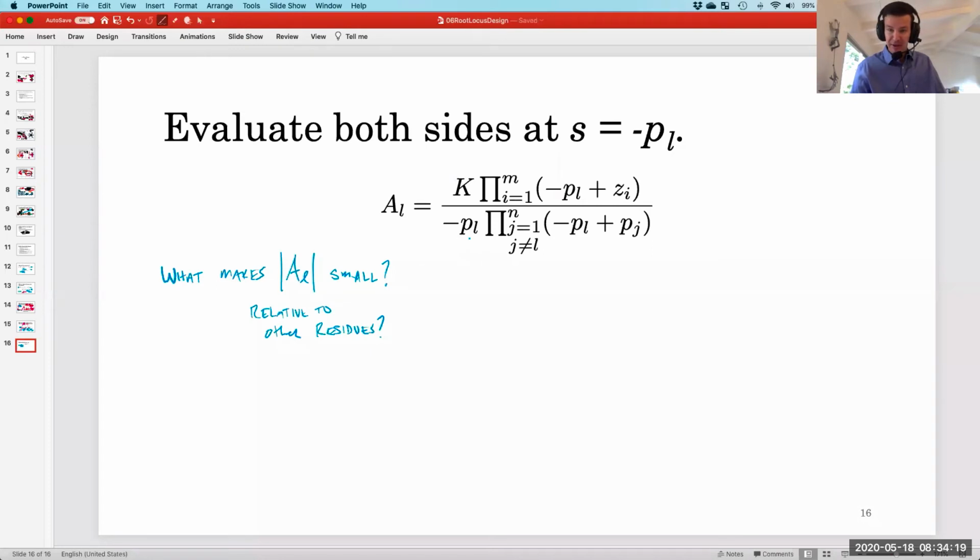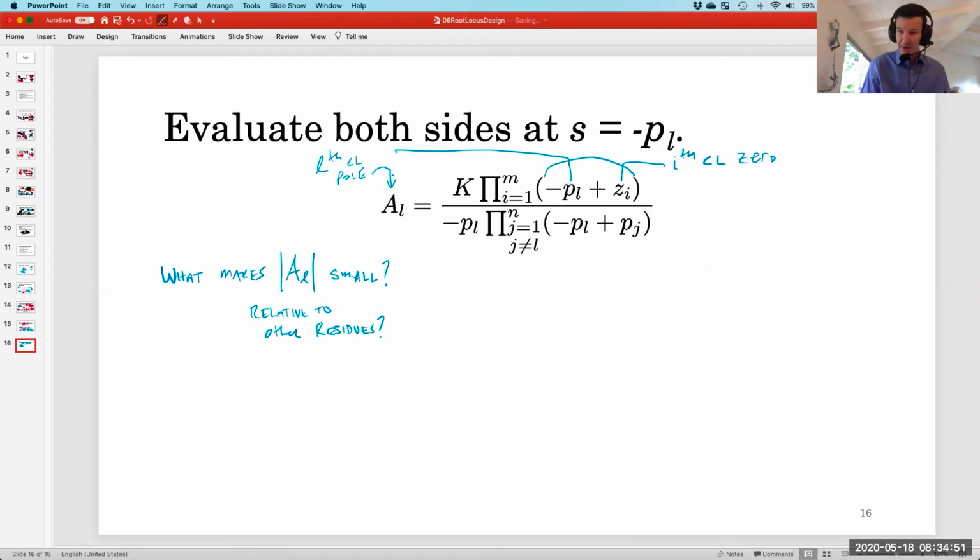But remember, the theme here in this sub-lecture is about closed-loop zeros. And so I'd like for us to focus up here. Because remember, this is the ith closed-loop zero. And this is the lth closed-loop pole, or the pole whose residue we are looking at here.